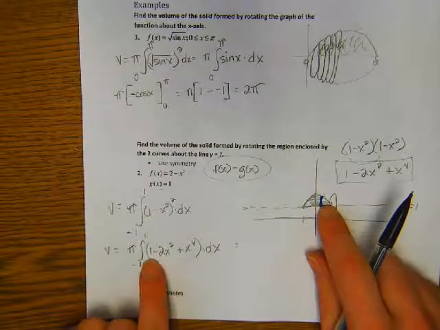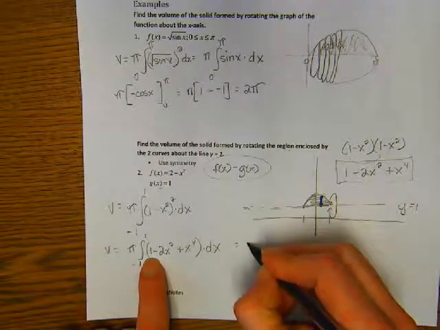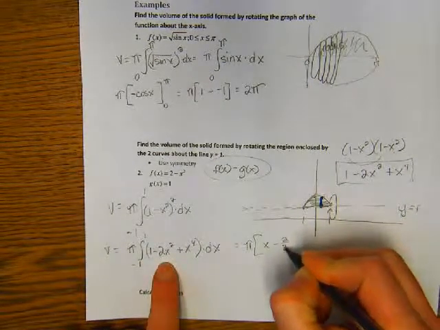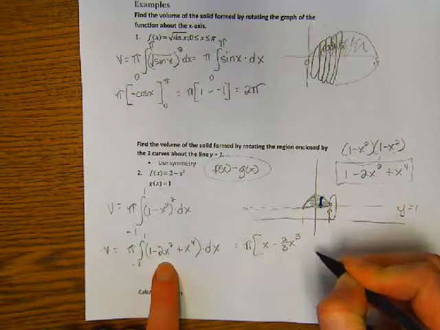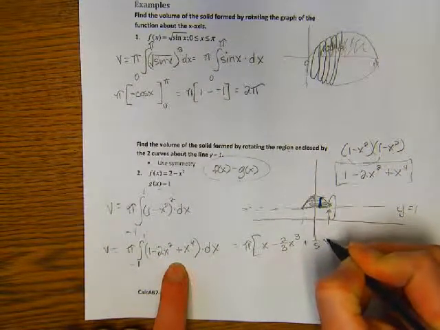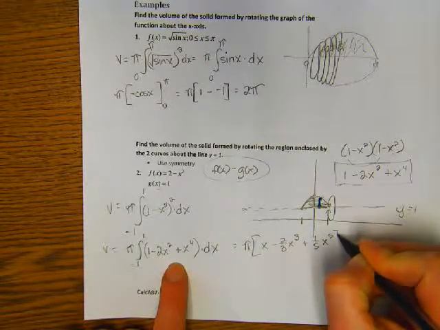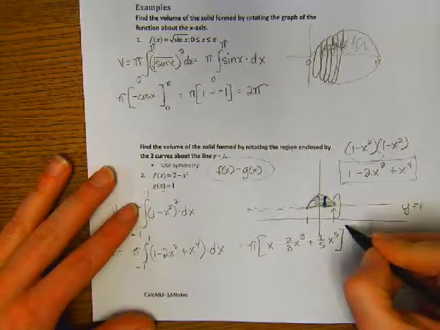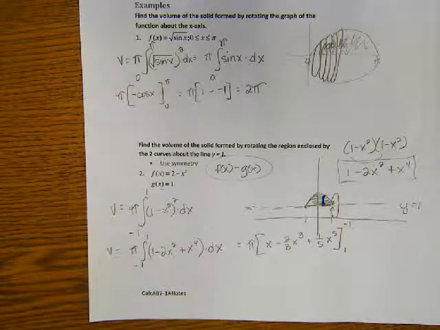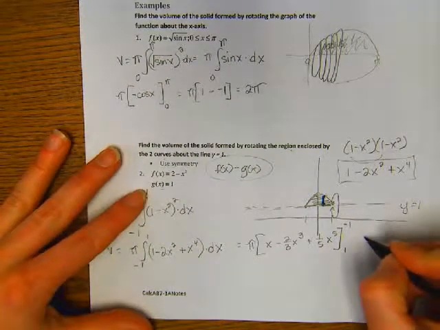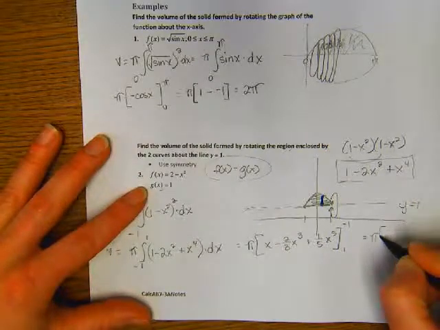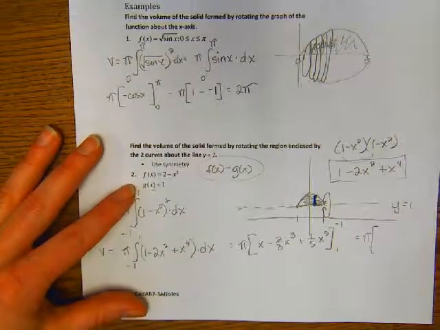Okay, what would I get here? x minus 2/3 x cubed, right? Plus 1/5 x to the 5th, but the nice thing is I have just from -1 to 1.